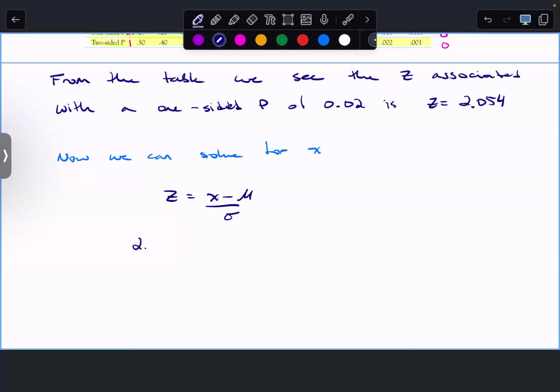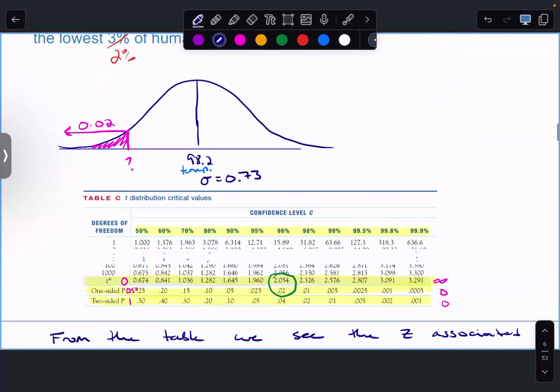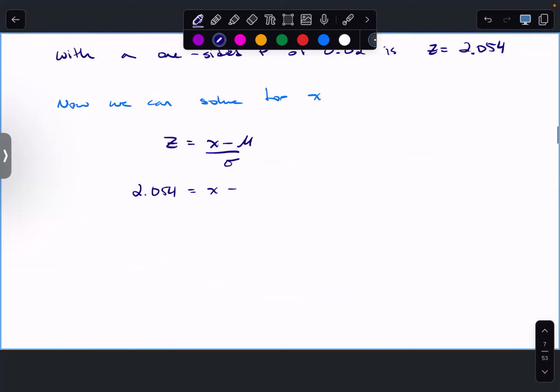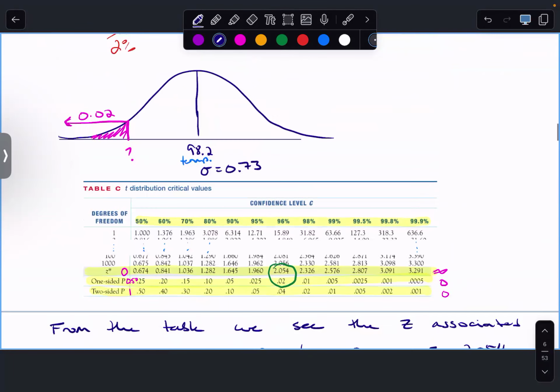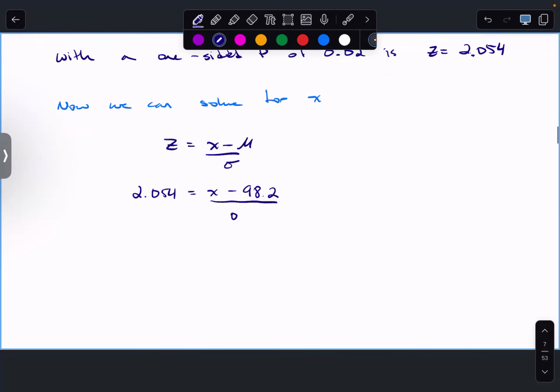Z is 2.054, which is X minus mu, which was 98.2, divided by 0.73.